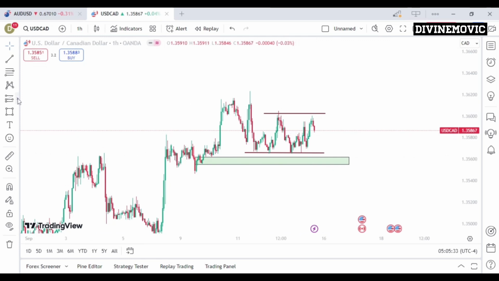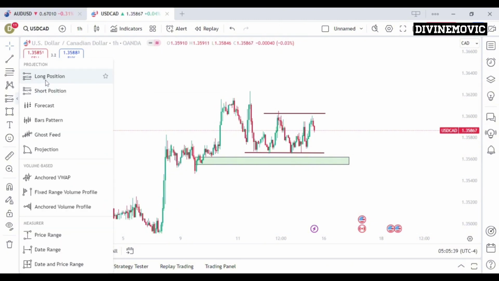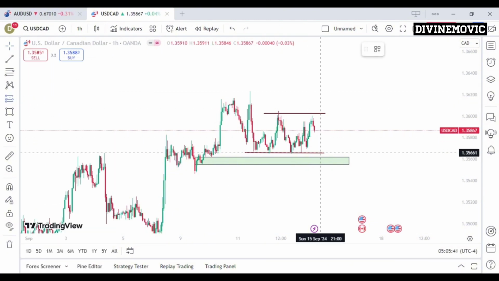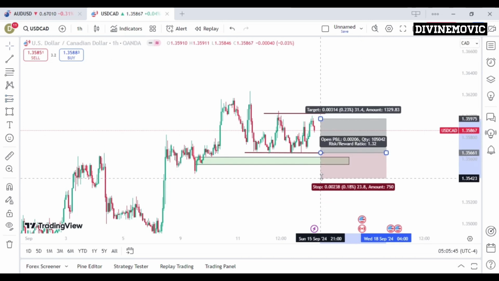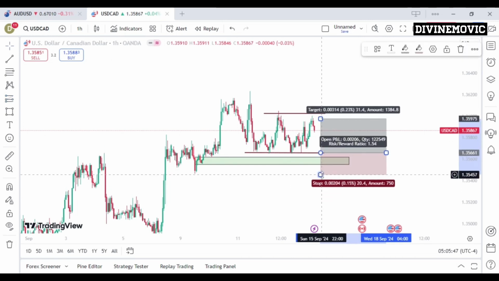So an entry like this is going to basically be like this. An entry at this point here, and our stop loss right below this swing, which is exactly 20 pips. Not risking much. 20 pips is not too much to risk.